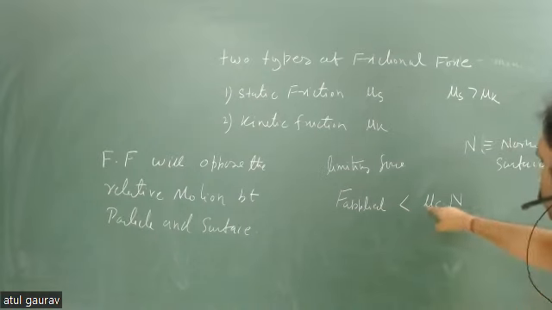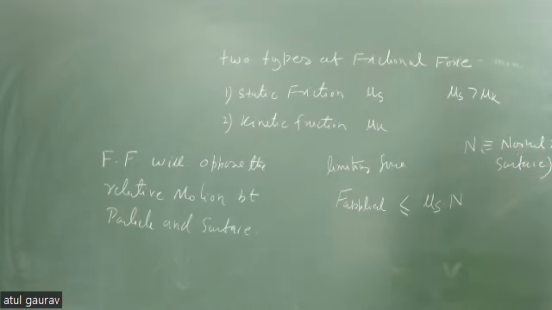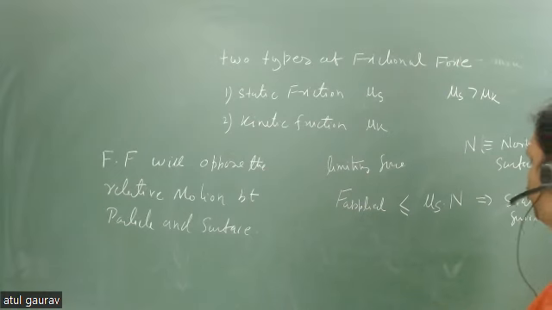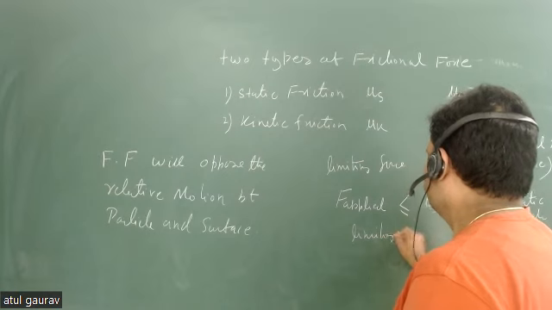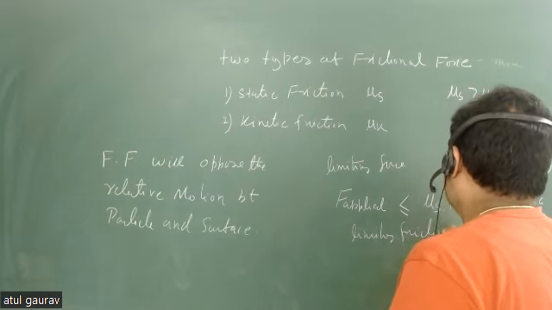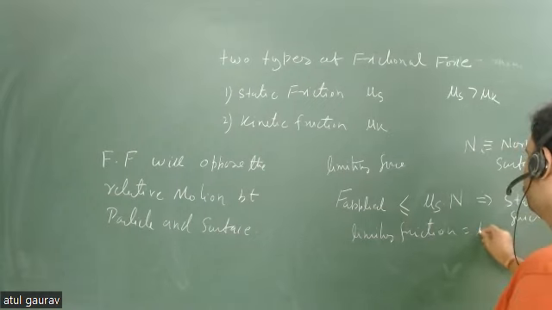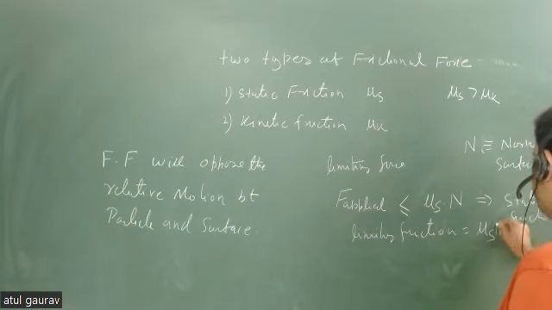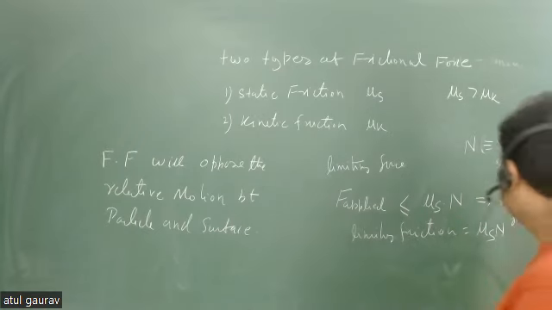So if F applied is less than or equal to mu s N, then you will go for static friction. And what is limiting friction? The limiting friction is equal to mu s into N.